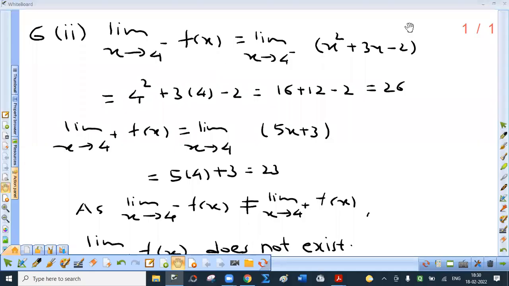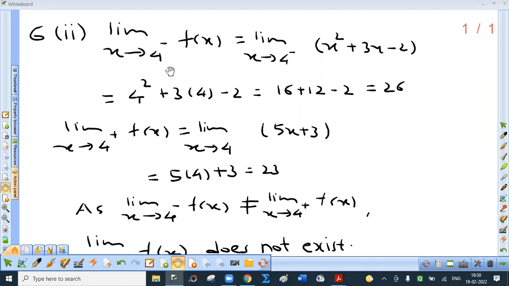Second, f(x) is x² + 3x − 2 for x less than or equal to 4. f(x) is 5x + 3 for x greater than 4. Now, what is the left hand limit? 26. I hope you can easily identify which function is to be considered. x tends to 4 minus doesn't mean minus 4.